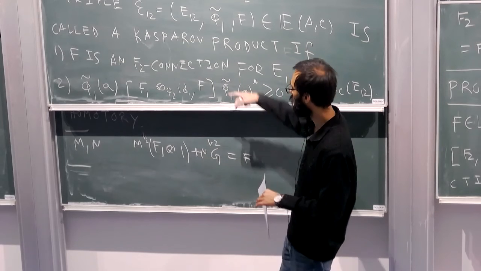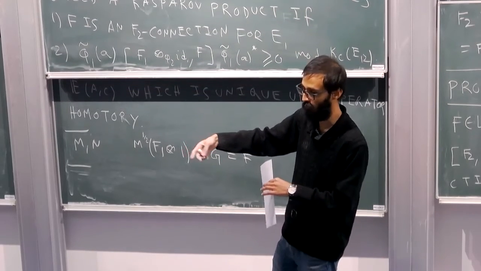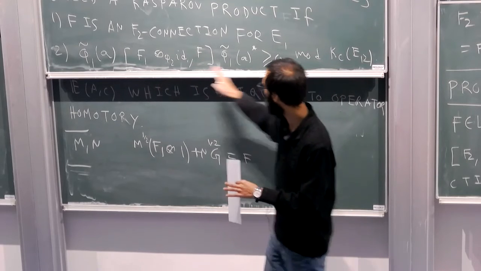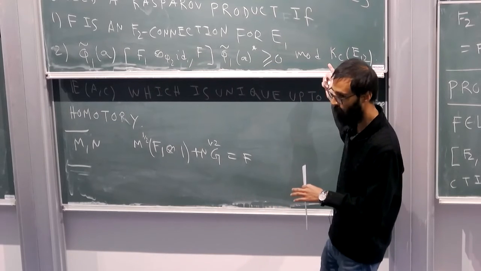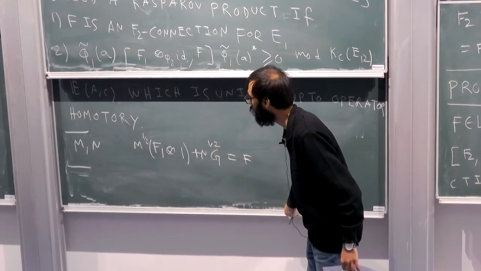I have skipped this. It comes from Connes and Skandalis. So if the difference is positive modulo compacts, then they are operator homotopic, and that is what gives you the uniqueness.